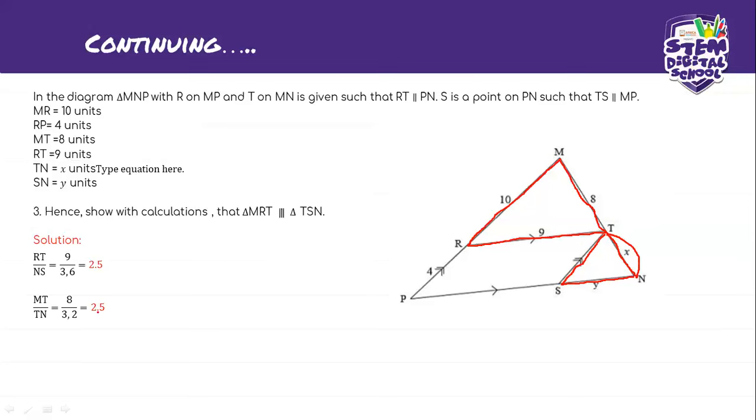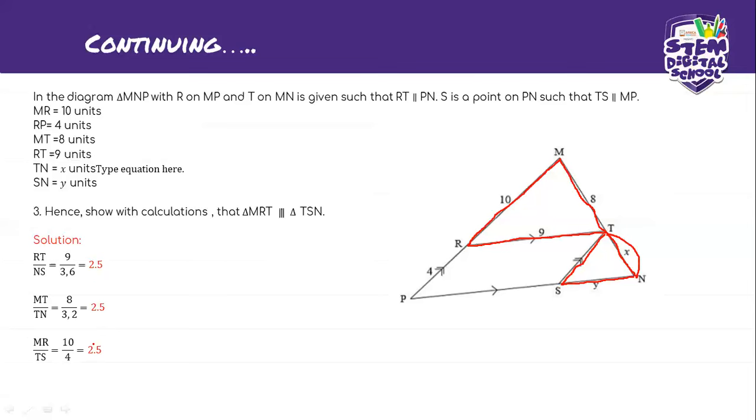We also get 2,5. Then the third one, which is MR, is 10 divided by TS here. TS, we can see, is going to be 4. So when you divide them, it's going to give you 2,5. Meaning you can see that we have the same ratio there, right?